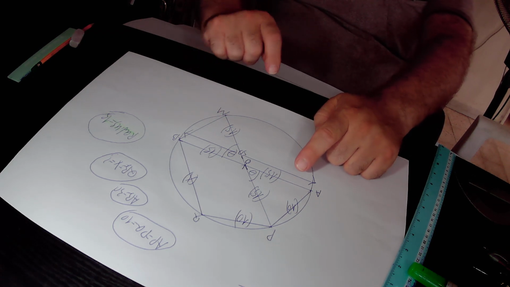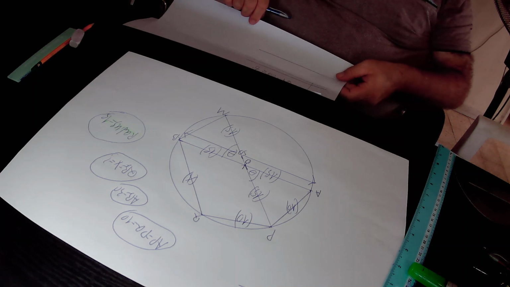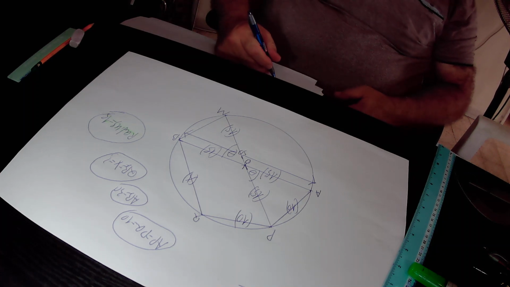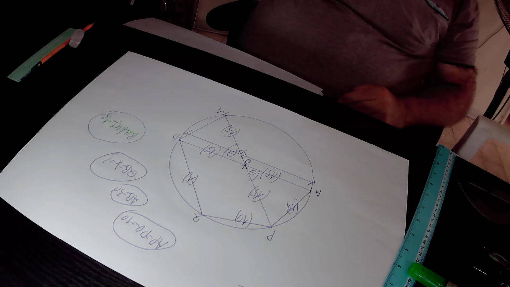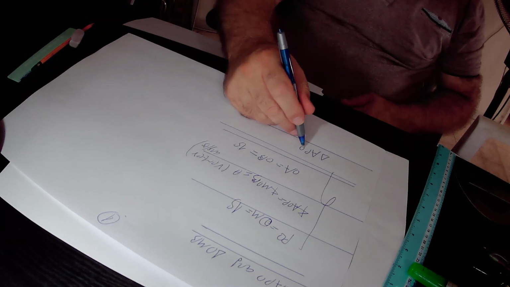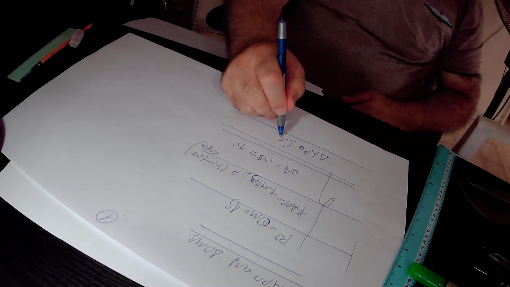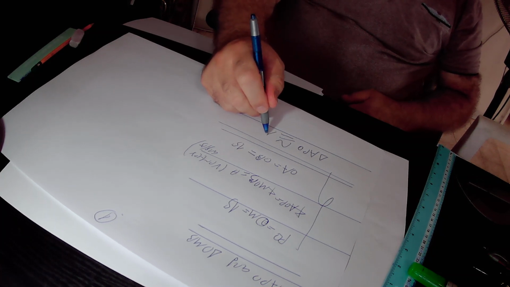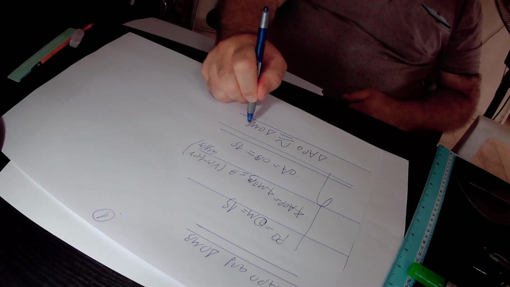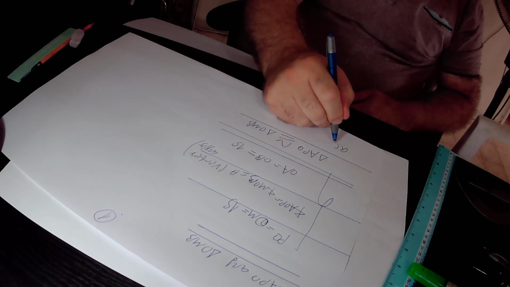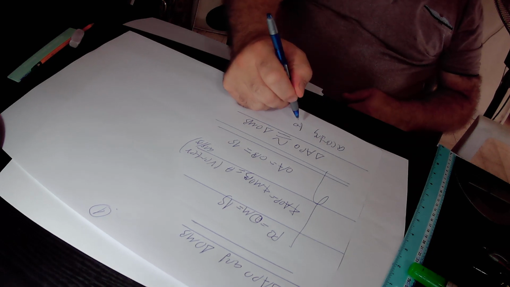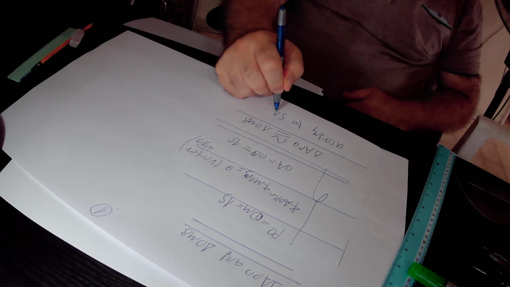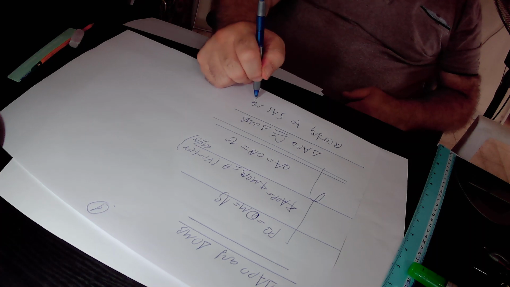So I write it down. We actually proved triangle APO is congruent, this is the sign of congruent, to triangle OMB according to the side-angle-side rule.